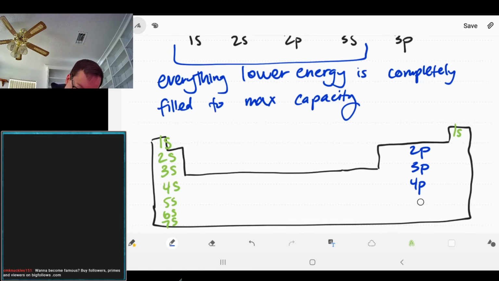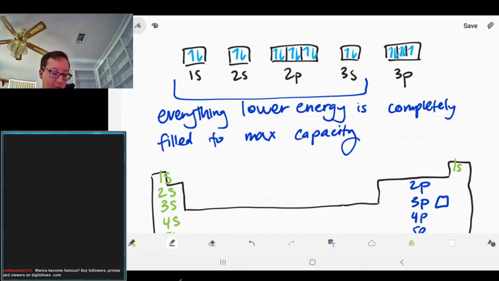Oops, I'm totally out of space. So, there we have it. I've now put the orbitals with their shell. And so we can see here, chlorine was right here in 3p5, and we know we have to fill every orbital that comes before it in energy. We saw that we went all the way from 1s to 3s for things that are filled.